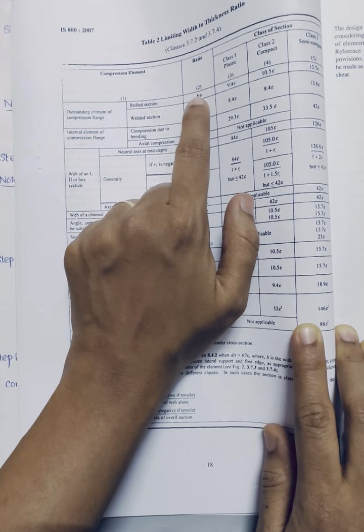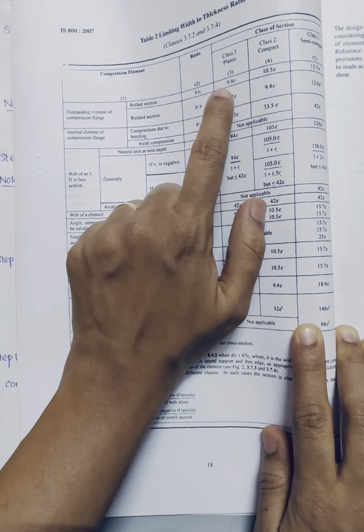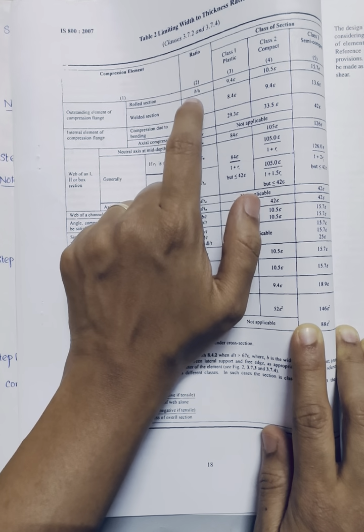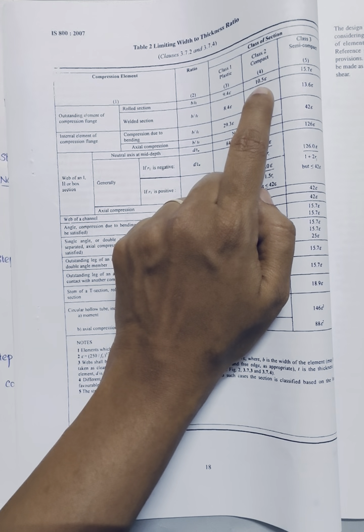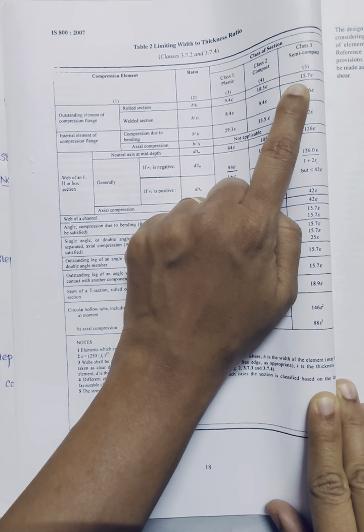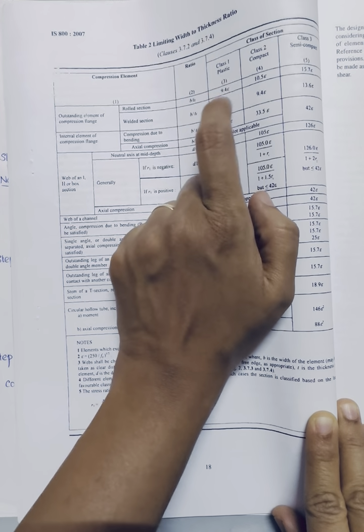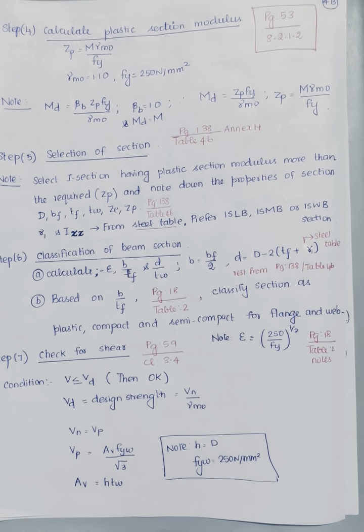If this value is matching with the plastic condition, then our section is a plastic section. If B by TF value matches with the compact, then it is a compact section. If B by TF value matches with semi-compact, then it is a semi-compact section. This is how we classify the beam section.